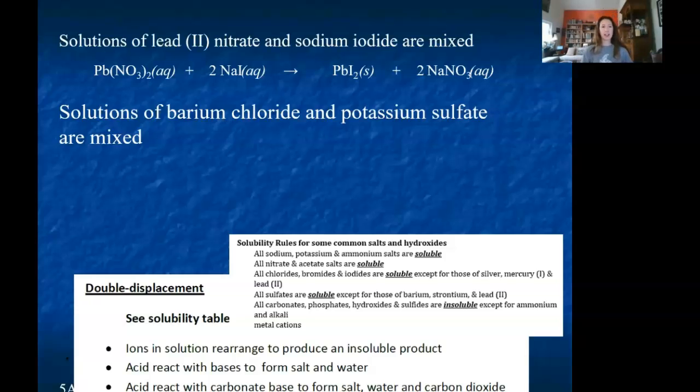Okay, let's try another one. I'm going to let you try this one again, and then I'm going to go over it. I'm trying to give you enough time to get through the whole solubility table part.